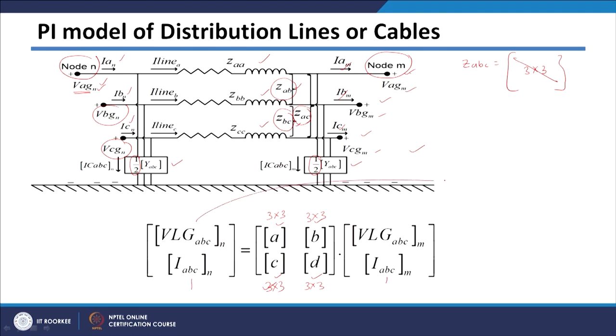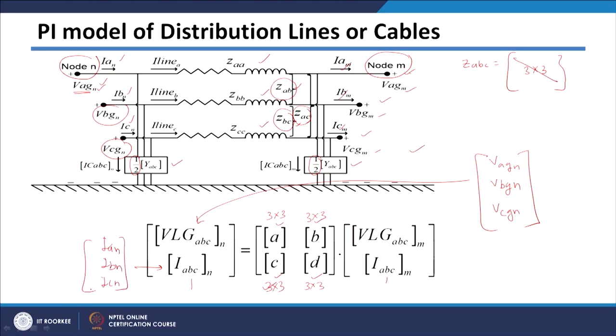Means if you write this matrix, it will be VAGN, VBGN and VCGN, and this IABC matrix will be IAN, IBN and ICN.